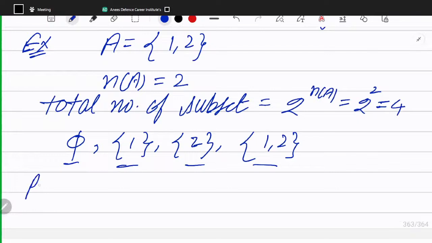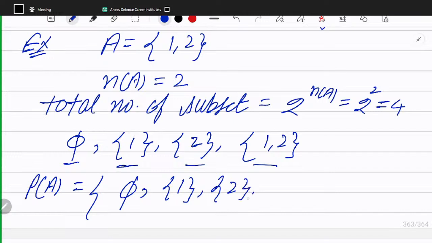The power set of A is also a set, in which these sets are treated as elements. The first element is the null set, second element is {1}, {2}, {1, 2}.